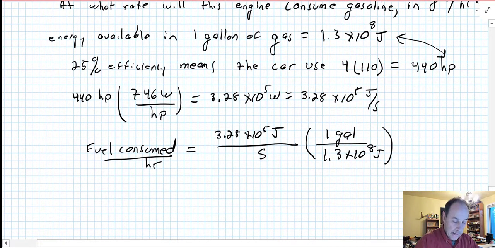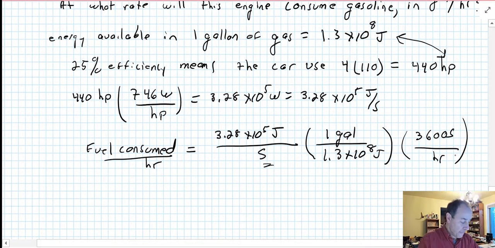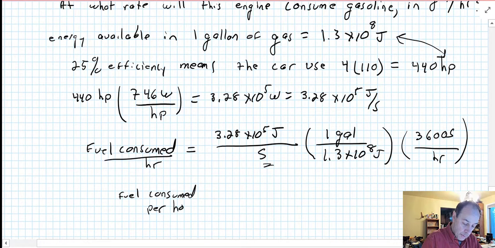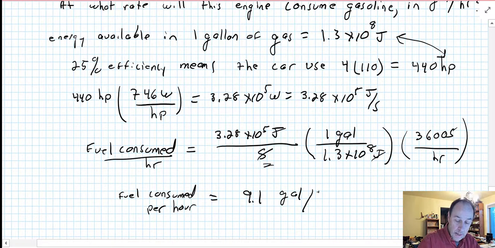Okay, but this is per second here, and we're asked for it in hours. So we have to do 3,600 seconds per hour. So fuel consumed per hour equals, so joules, seconds, so we get gallons per hour. We're good. 9.1 gallons per hour.